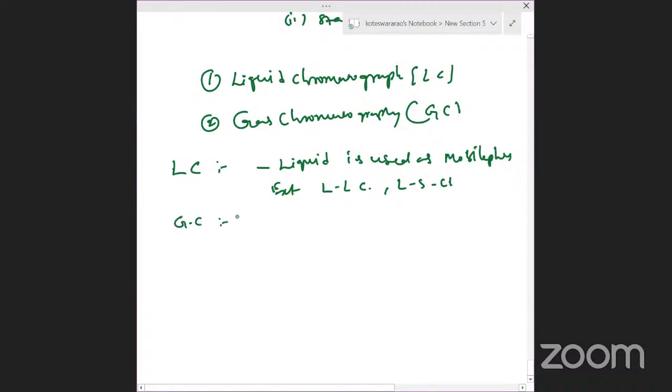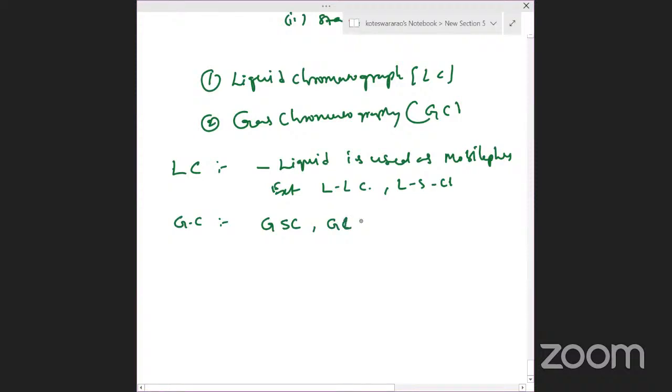Next, coming to gas chromatography, the methods that employ gas as the mobile phase are classified under gas chromatography. Whatever chromatography involves gas as the mobile phase is classified under gas chromatography. Examples are GSC, gas solid chromatography, and GLC, gas liquid chromatography.